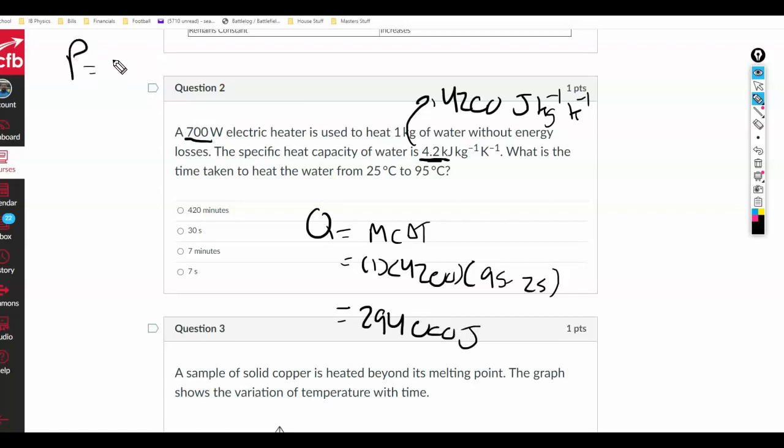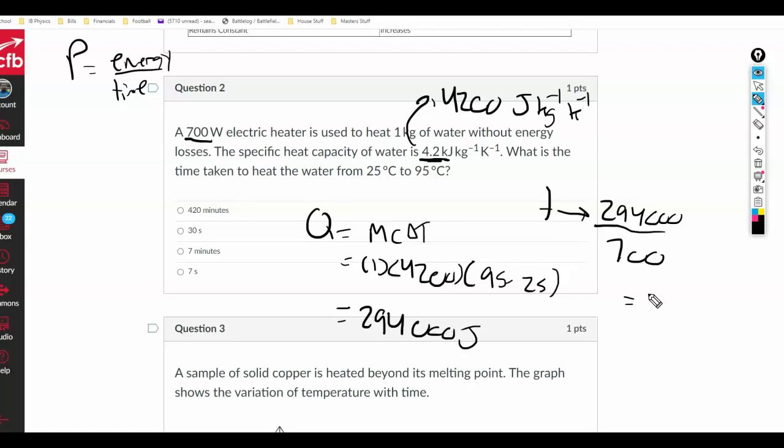Remember, power is energy over time. And so to get the time, you would have to rearrange this equation, and you would basically have to do the energy, aka the heat in this case, divided by the power.